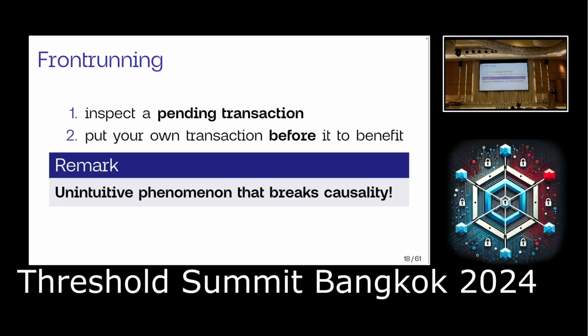And one thing I want to highlight is that this is a weird and unintuitive phenomenon, because it breaks causality, because the front-running transaction was caused by the victim transaction, but it happens before on the blockchain. So if you were to try to explain this to your parents or someone who is not very well versed in blockchains, it would be very difficult to understand, because it just doesn't make sense, right?